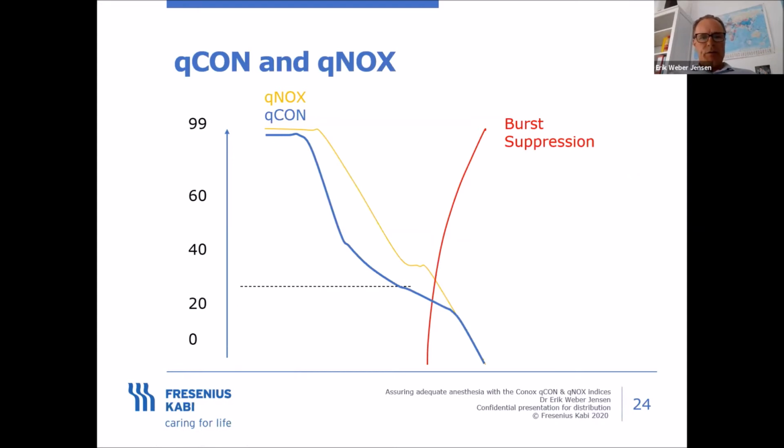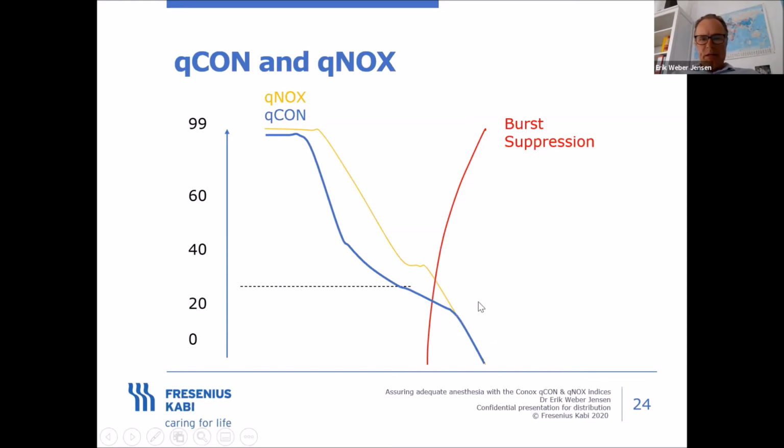What we have observed in several studies is that the qCon, the index of hypnotic effect, tends to decrease before the qNOX, and vice versa. When the patient is waking up, then the qNOX tends to increase before the qCon. So with that, we concluded that level of consciousness is disappearing before probability of response to noxious stimulation.